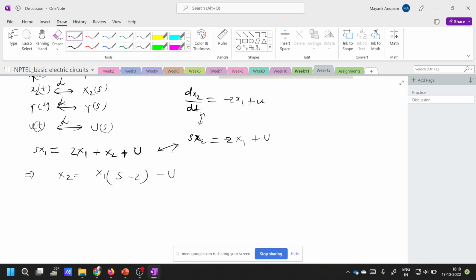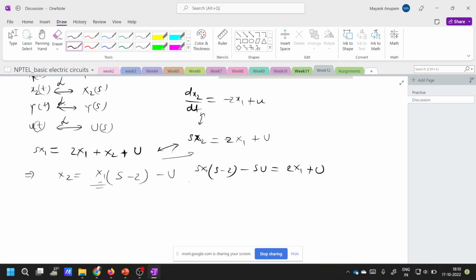This is x2, correct, from this equation. Now putting this x2 here, what will we get? So we will get s times x2, right? So s x1 multiplied by s minus 2 minus s u is equal to 2x1 plus u, right?